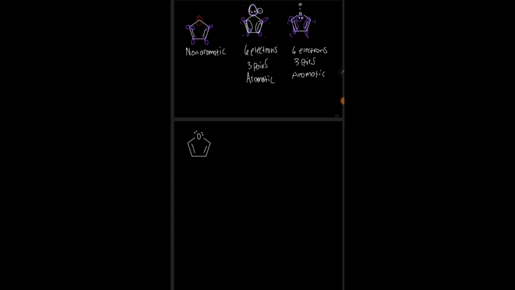Alrighty. 1, 2, 3, 4. What about this one? We got two lone pairs. Do we need both of them? So we got 4. We identified 4 down there.